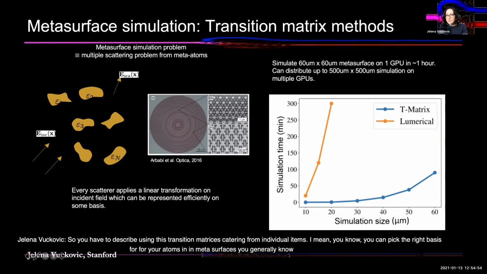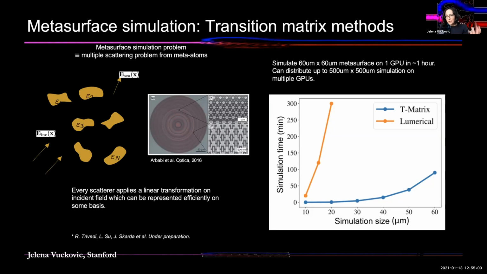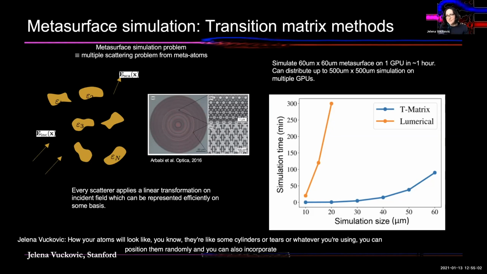You can pick the right basis for your atoms, and in metasurfaces you generally know how your atoms will look, like cylinders or spheres or whatever you are using. You can position them randomly, and you can also incorporate interactions between atoms into your transition matrices. And you use these matrices to solve the scattering from the whole ensemble.